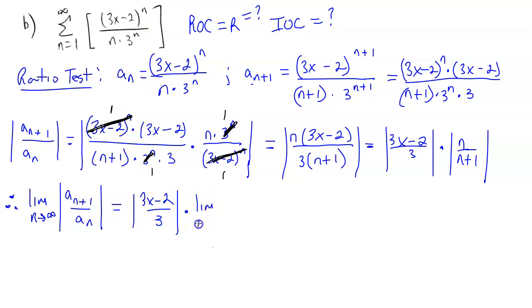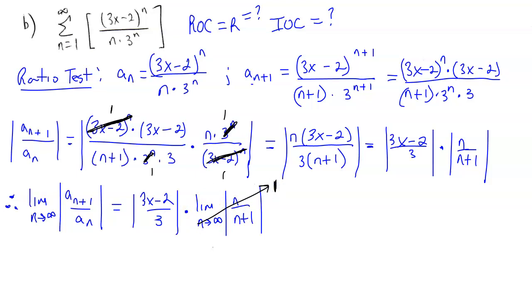Then we have the limit as n approaches infinity of the absolute value of n over n plus 1. That limit is just asking, does this function have a horizontal asymptote? And it does, at y equals 1. So this whole limit goes to 1.